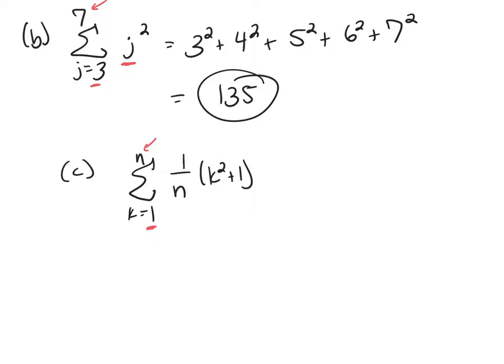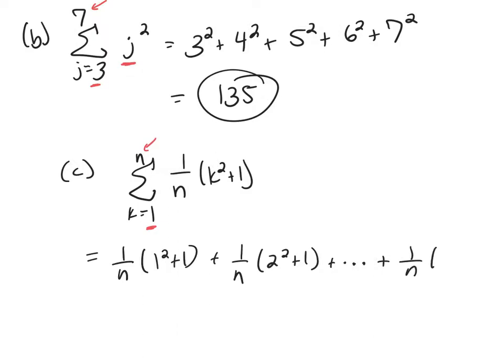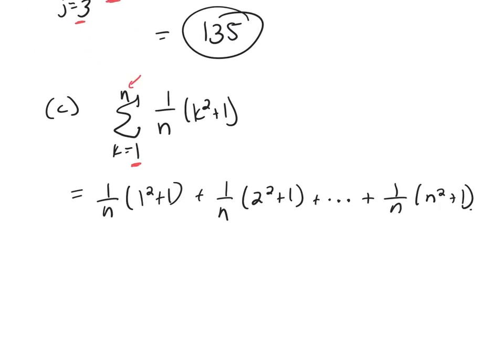So when I write this sum, I start by plugging in k equals 1: 1 over n, 1 squared plus 1. And then the next value for k would be 2: 1 over n, 2 squared plus 1. And you keep going until you get to your last term where you plug in n for k. So it'll be 1 over n, n squared plus 1. And that would be my sum.